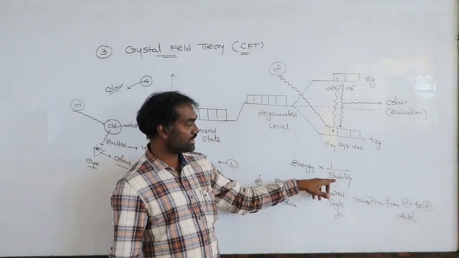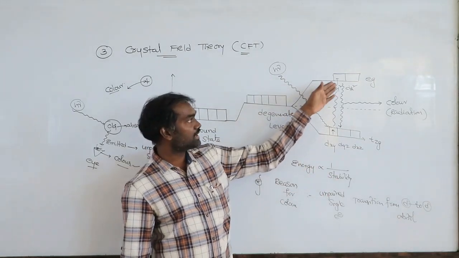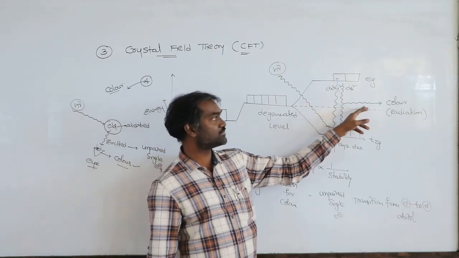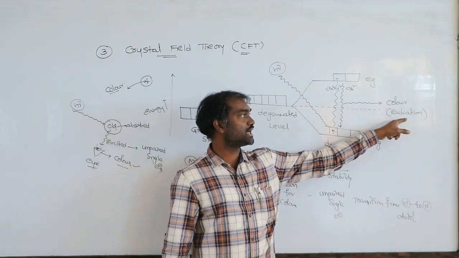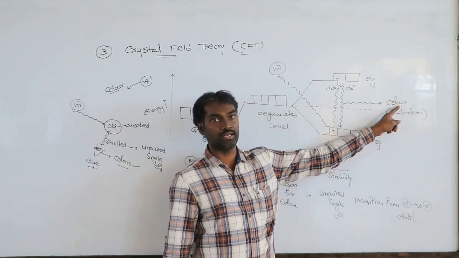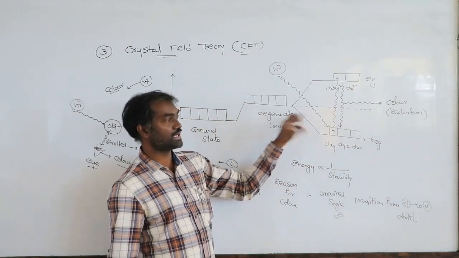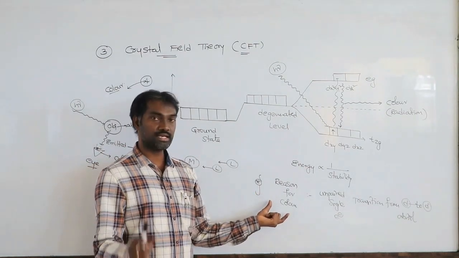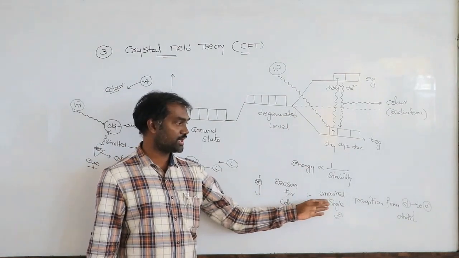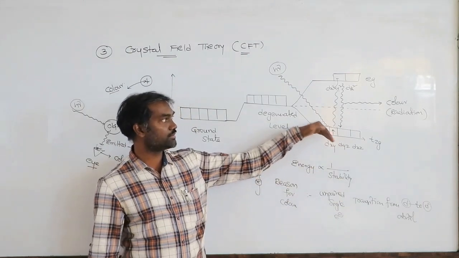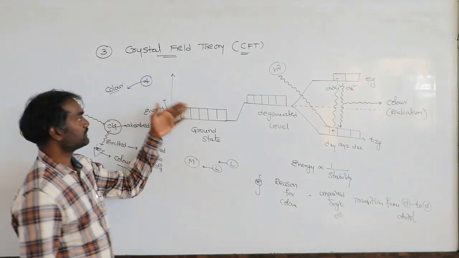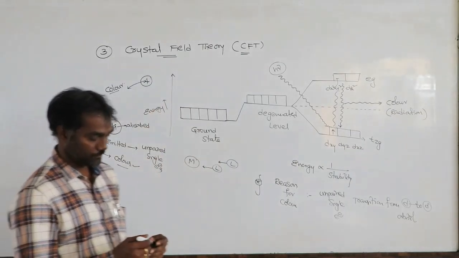Due to the instability of high energy, it comes back to the ground state. In the meanwhile, whatever energy was absorbed comes outside as radiation or color. In theory, you explain like this. From an entrance exam point of view, if they ask the reason for color, it is unpaired electron transition from d orbital to d orbital. That is the fourth point of CFT.